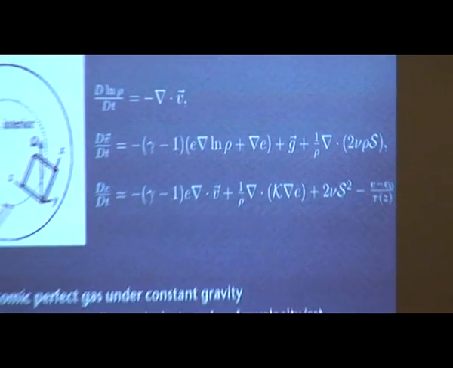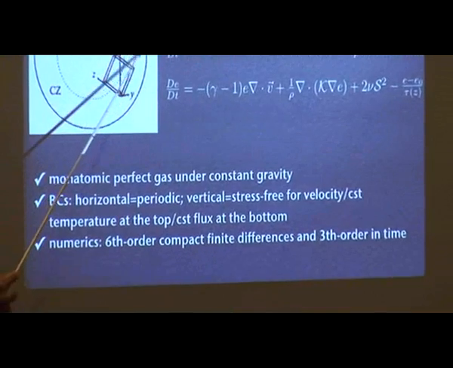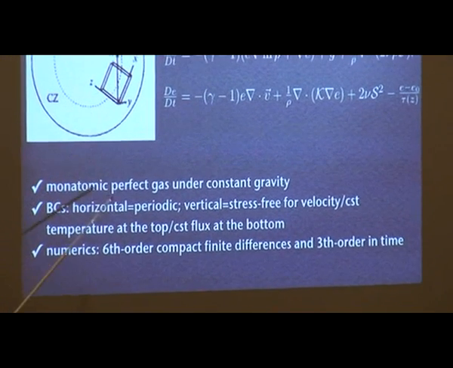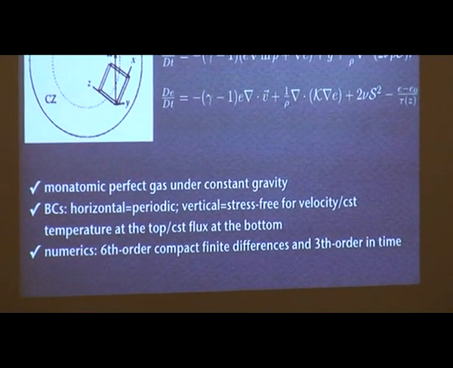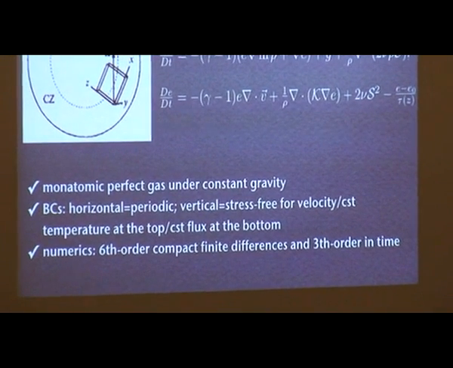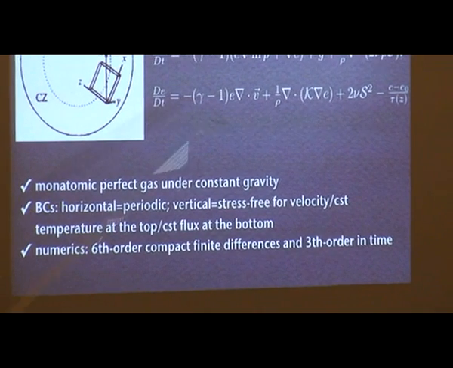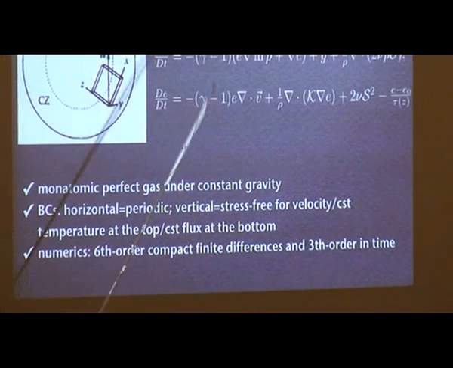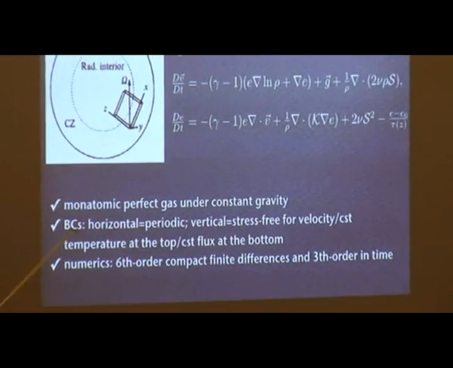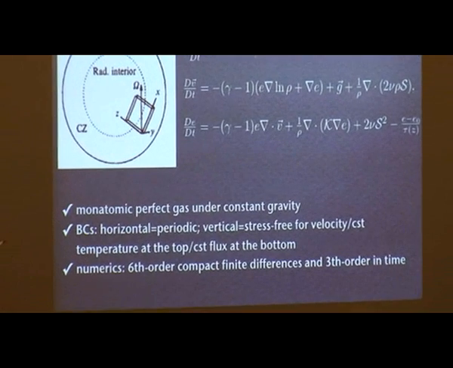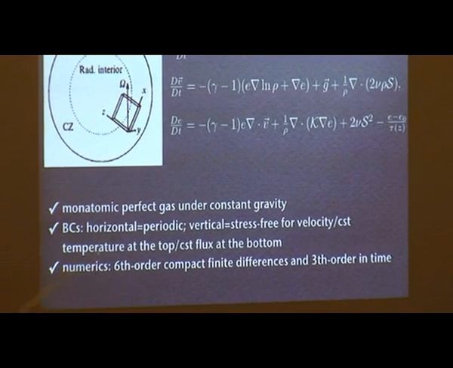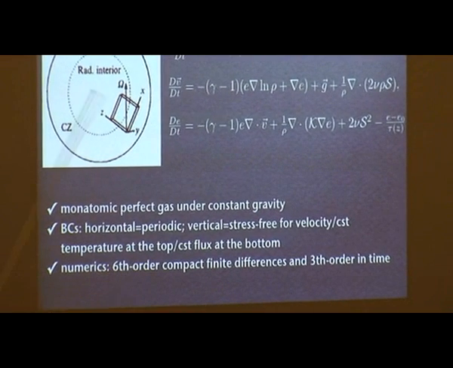The boundary condition was periodic in the horizontal direction. And in the vertical direction we apply stress-free boundary condition for velocity, constant temperature on the top because of this cooling term, and constant flux at the bottom. And the code was a 6th-order compact finite difference code for the spatial derivative and 3rd order in time.